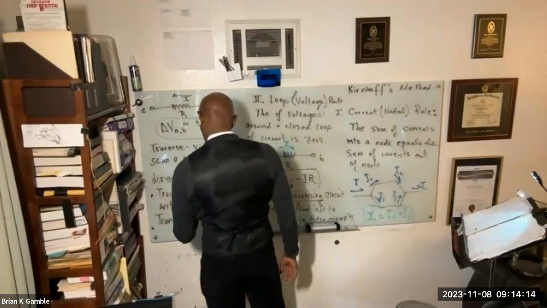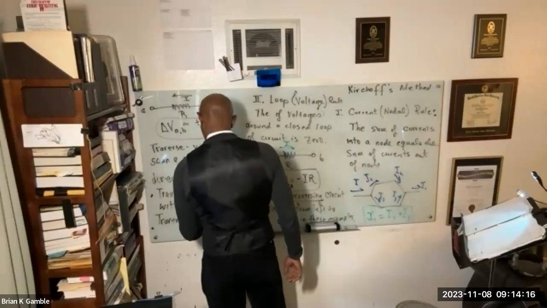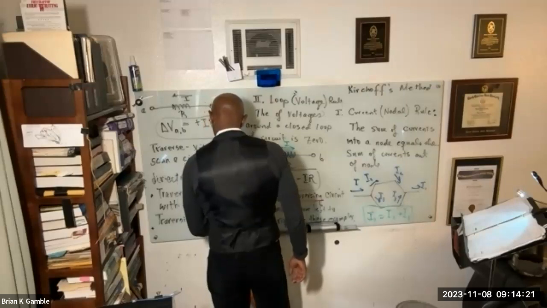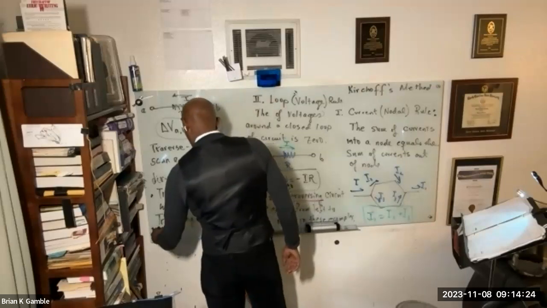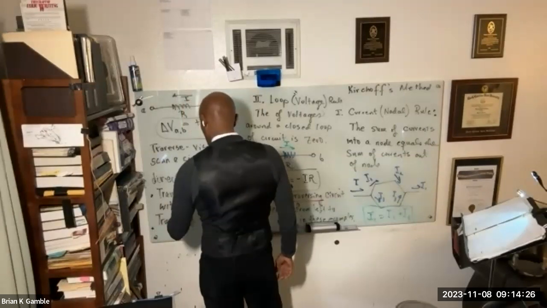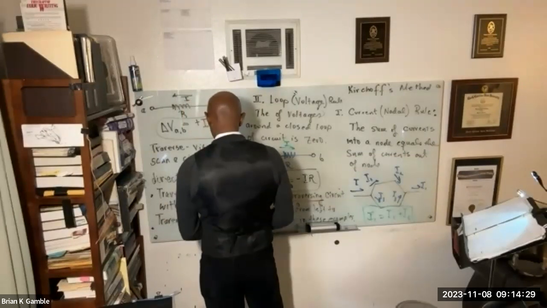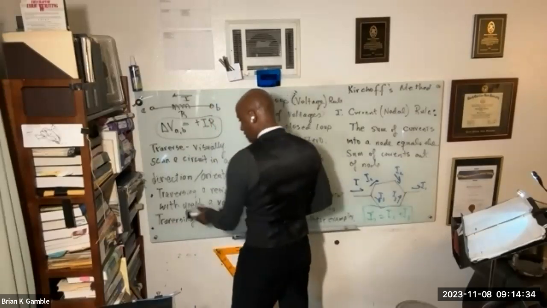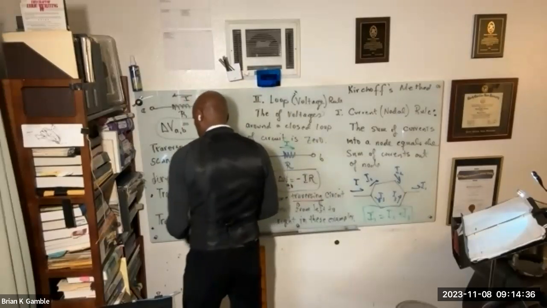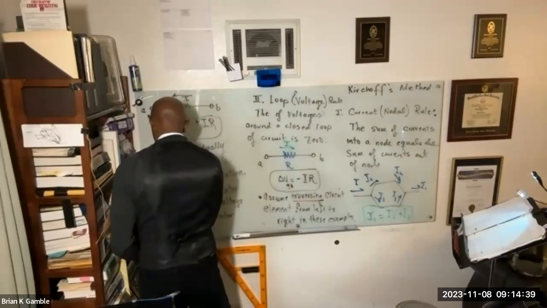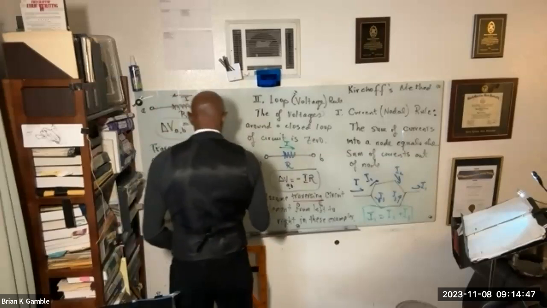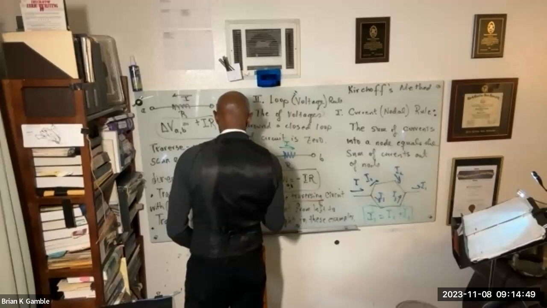Traversing a resistor, opposite. I said with yields. So with current yields a voltage loss. I got so caught up in my thing that I didn't finish the sentence. So with current yields a voltage loss.